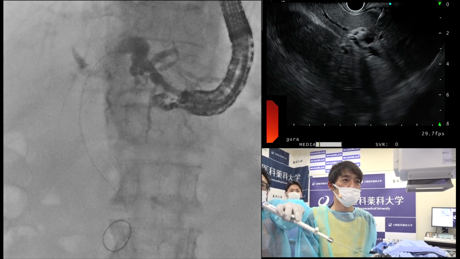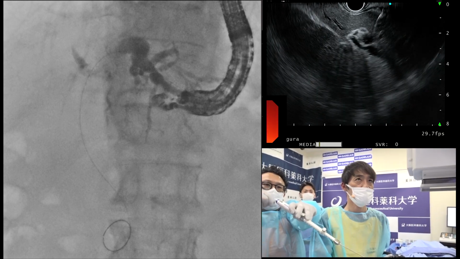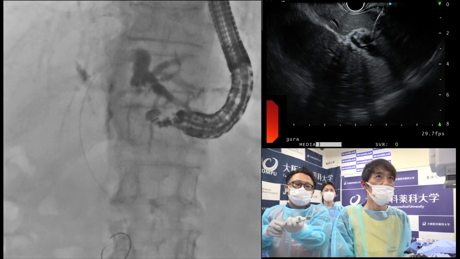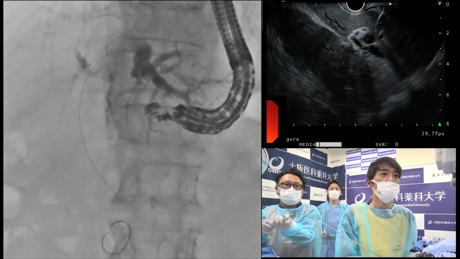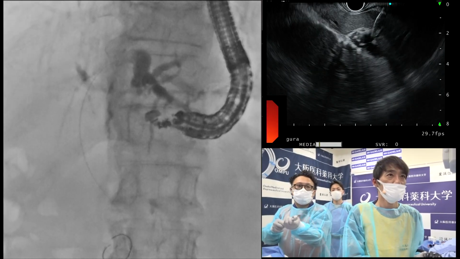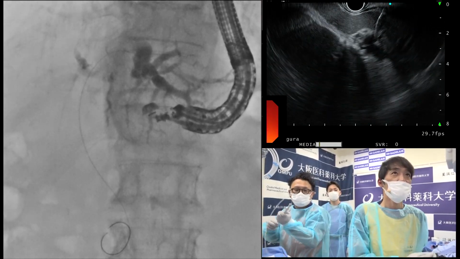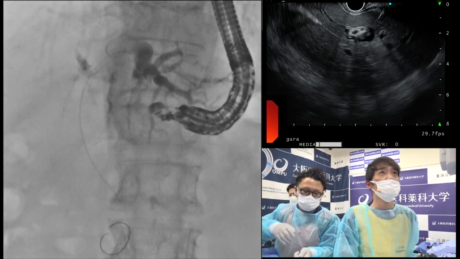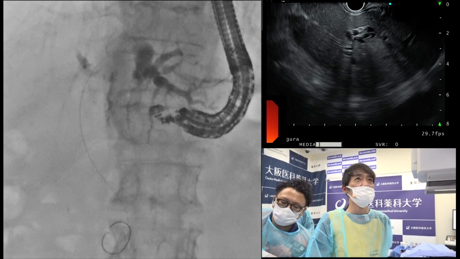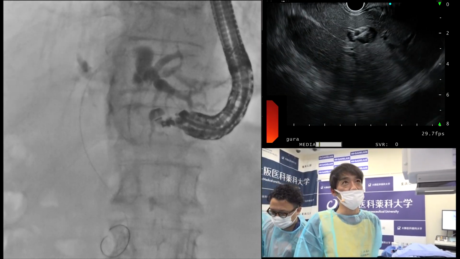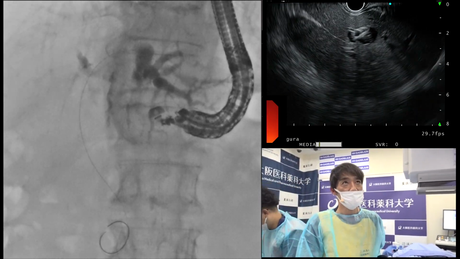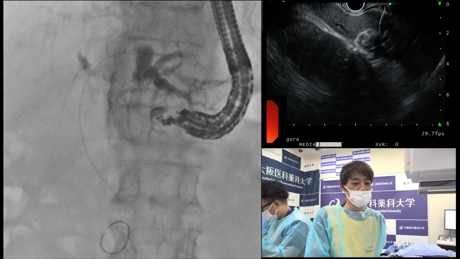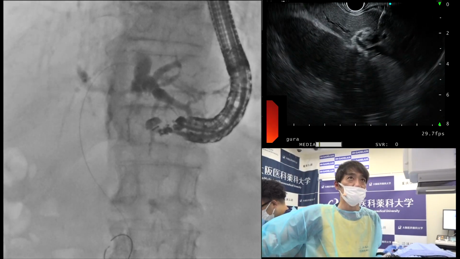As you can see on the X-ray, the angle between the left hepatic bile duct and B3 is relatively acute. So antegrade stenting may be challenging, but we will try antegrade stenting. Next the ERCP catheter will be inserted.